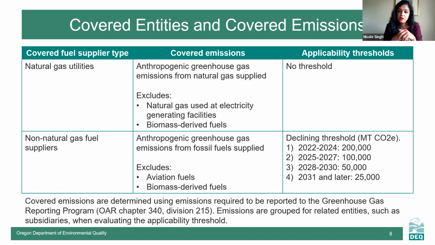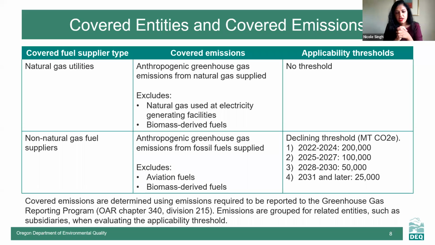For the first compliance period, 2022, 2023, 2024, that threshold is 200,000. For the next compliance period, it moves to 100,000. Then the third compliance period, it moves to 50,000. And then 2031 and later, it moves to 25,000.